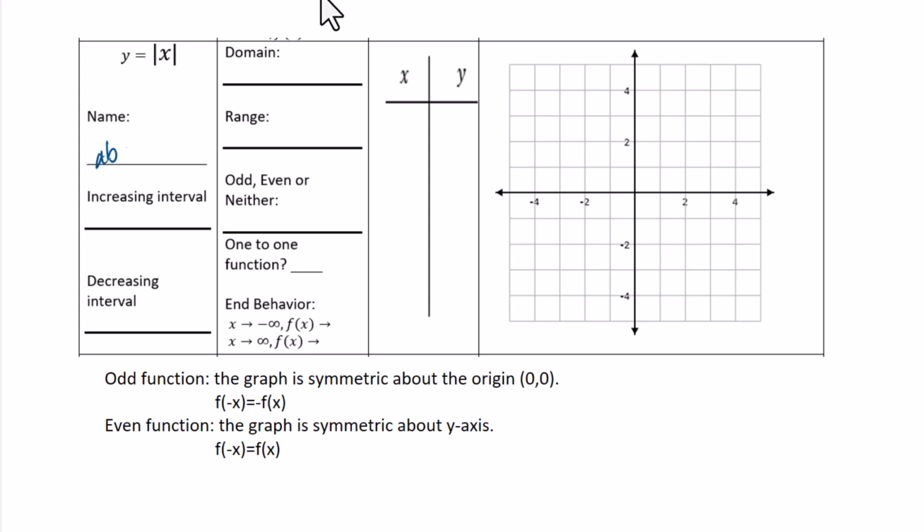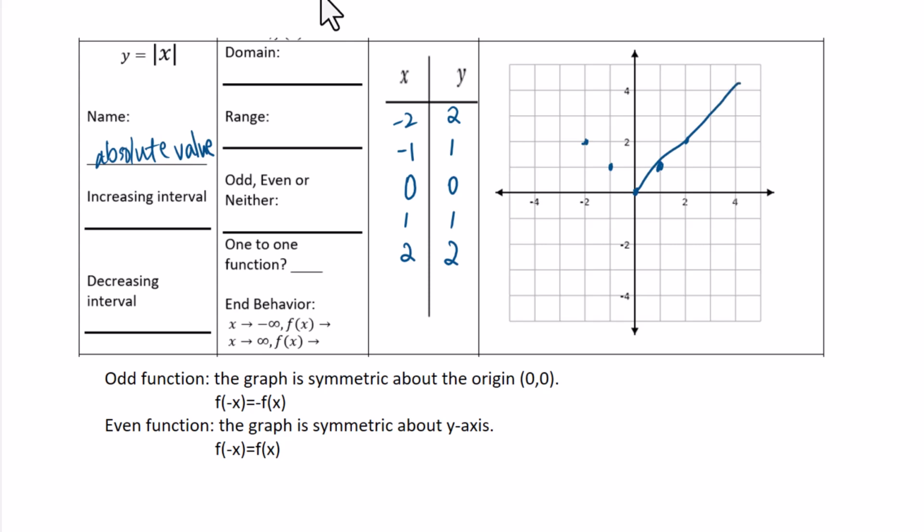Y equals absolute value of x. Absolute value function. Let's make a table. x values: 0, -1, -2, 1, 2. y values: 0, 1, 2, 1, 2. The points are (0, 0), (1, 1), (2, 2), (-1, 1), (-2, 2).